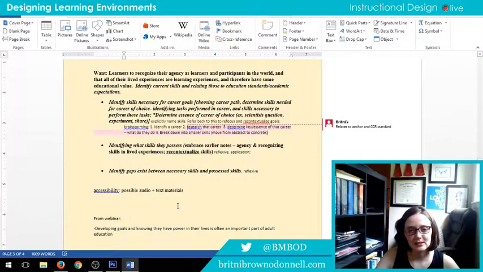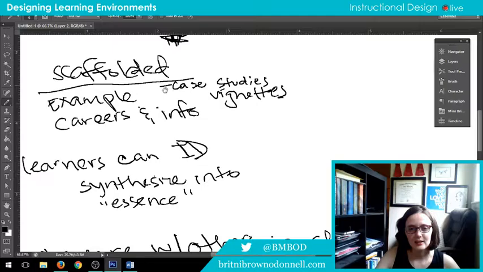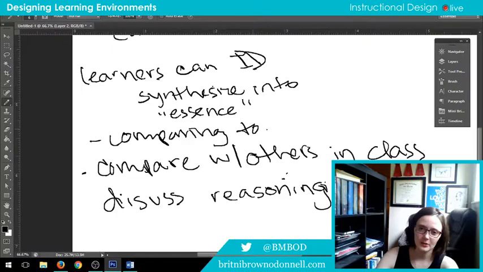Let's see. So if I focus on that and scaffolded examples, then we'll have learners identifying and synthesizing, comparing to others in class, but comparing to, I'm going to write a key, but I'm going to put it in quotation marks.